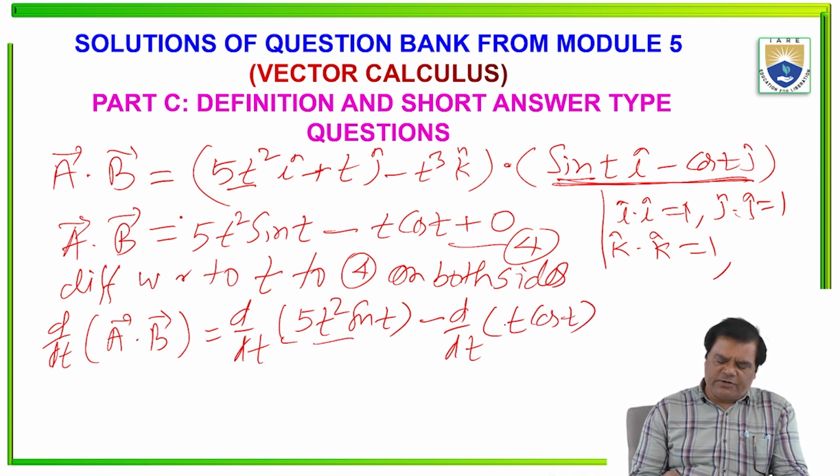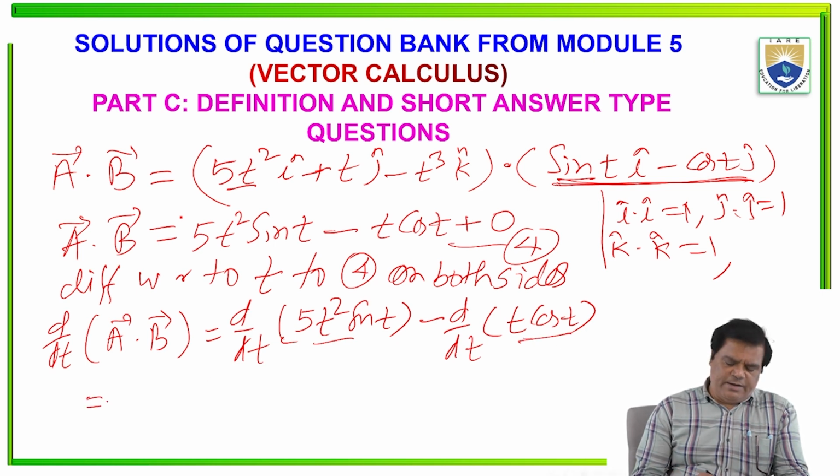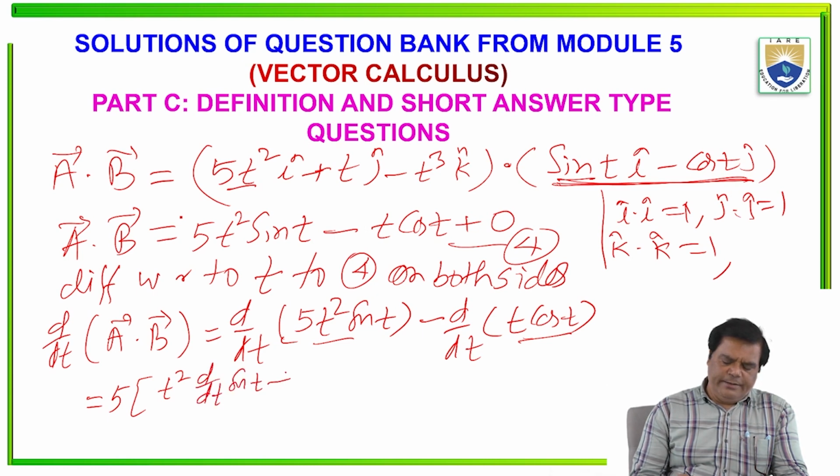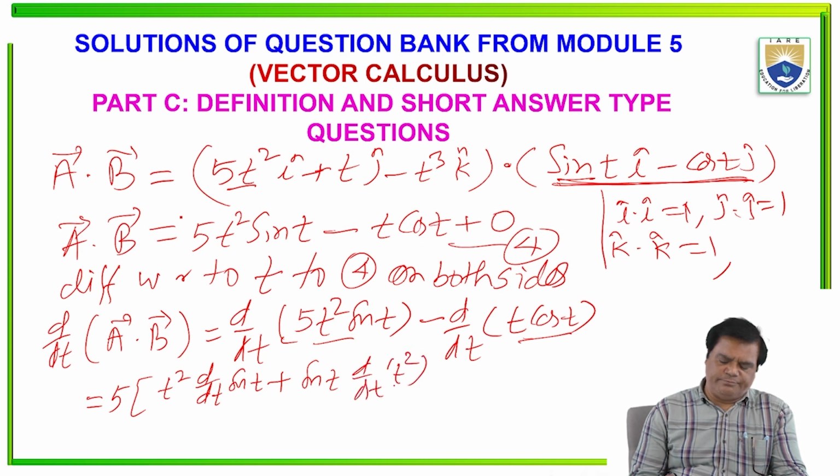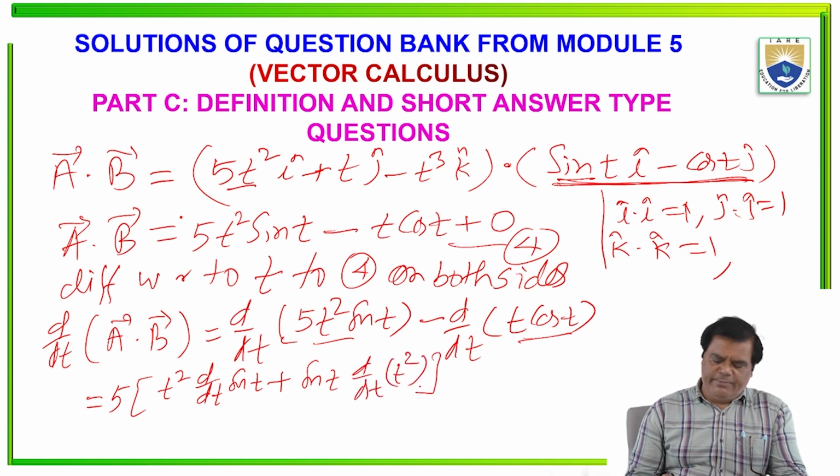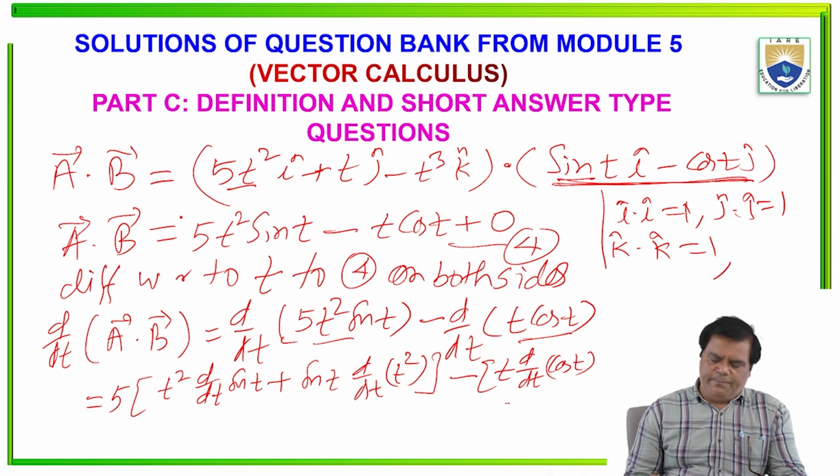So here apply the product formula. 5 is common: t² is constant, d/dt of sin t, plus sin t is constant, d/dt of t², minus t is constant, d/dt of cos t, plus cos t, d/dt of t.